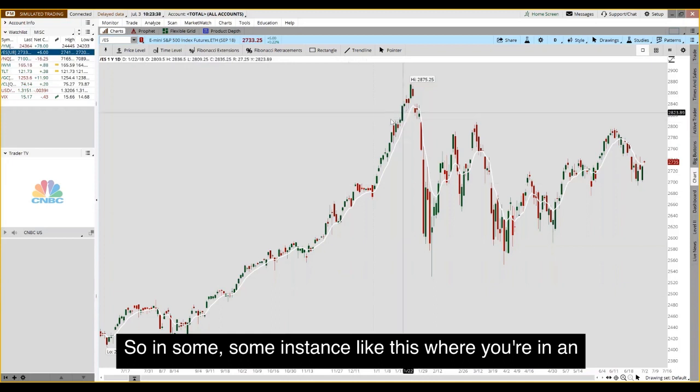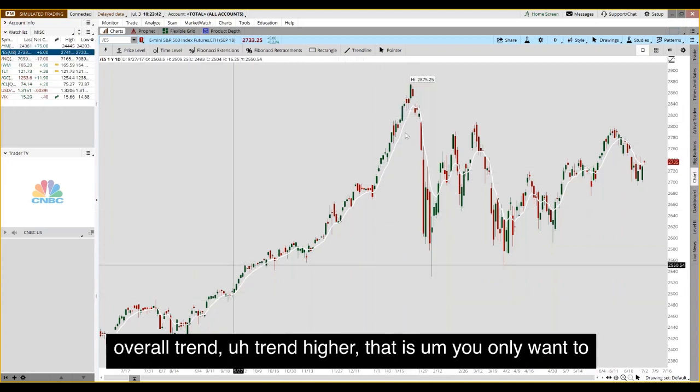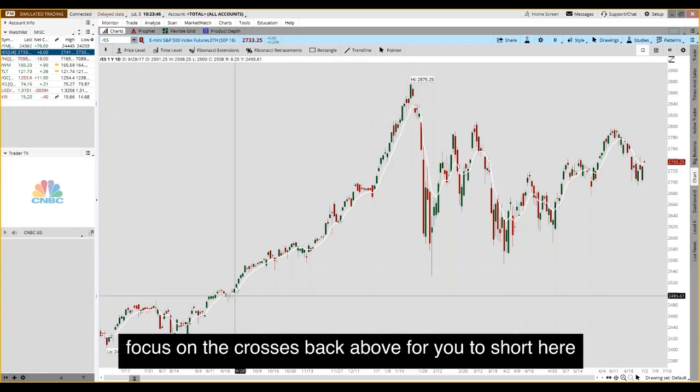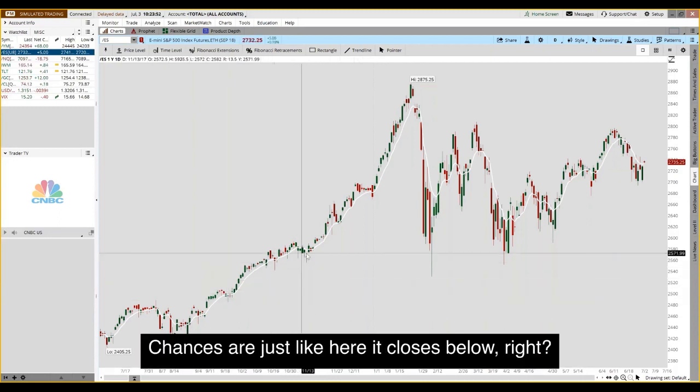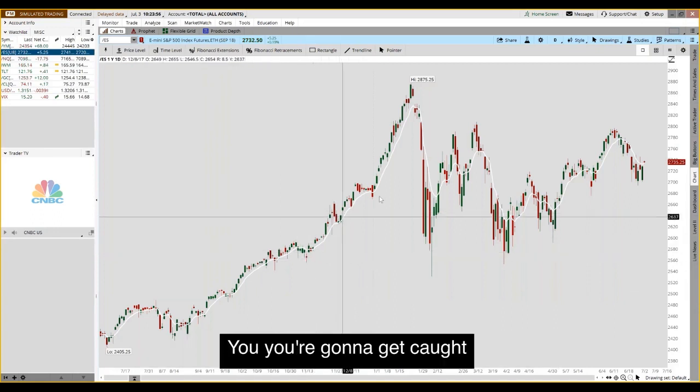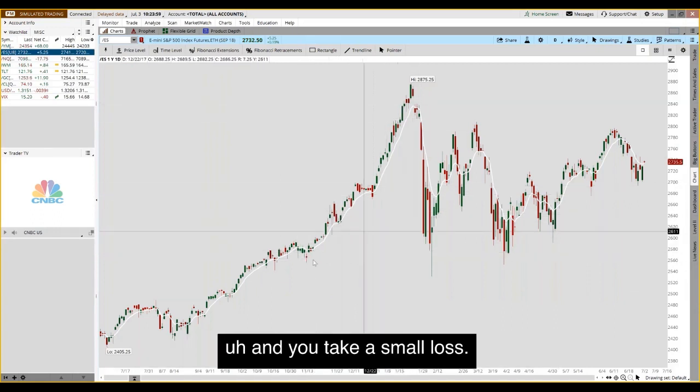So in some instance like this, where you're in an overall trend higher, you only want to focus on the crosses back above. For you to short here when it closes back below, chances are, just like here, it closes below, you're going to get caught. And you take a small loss.